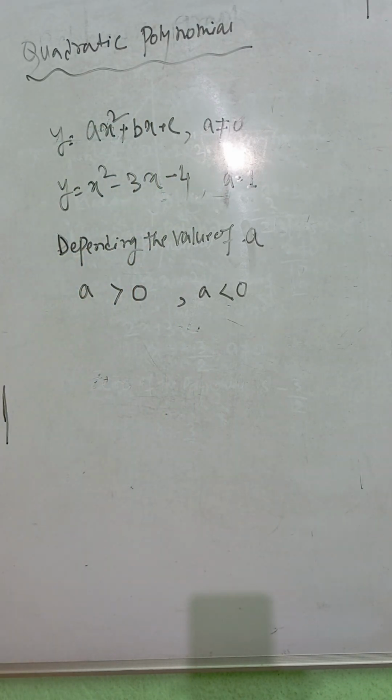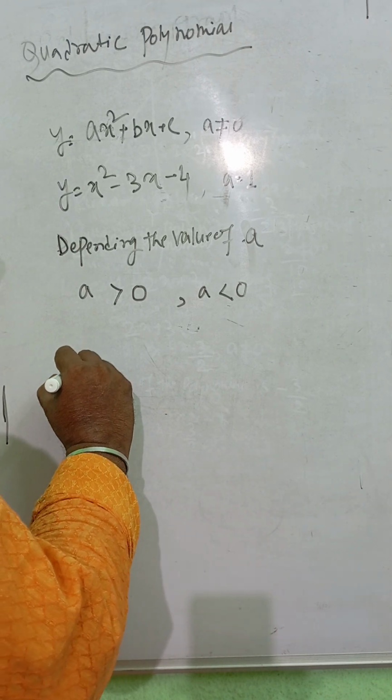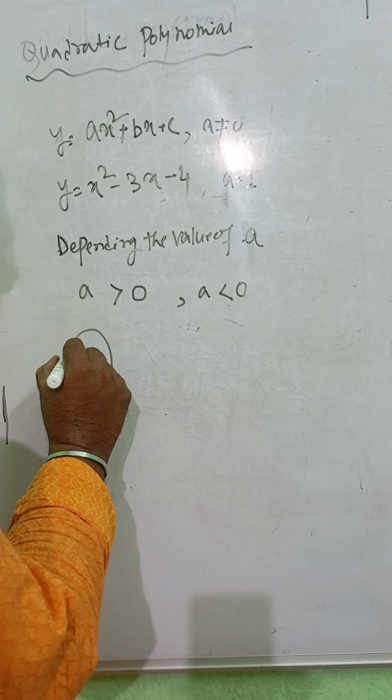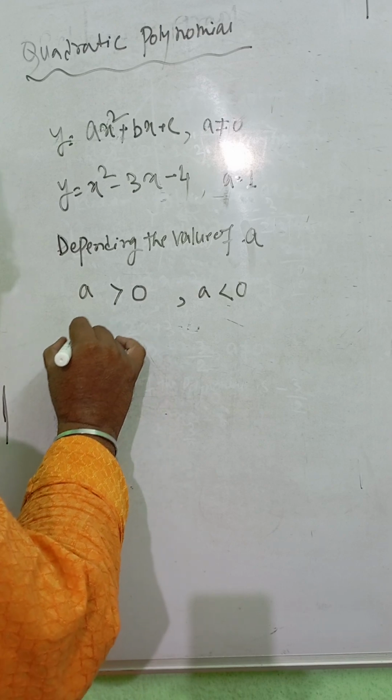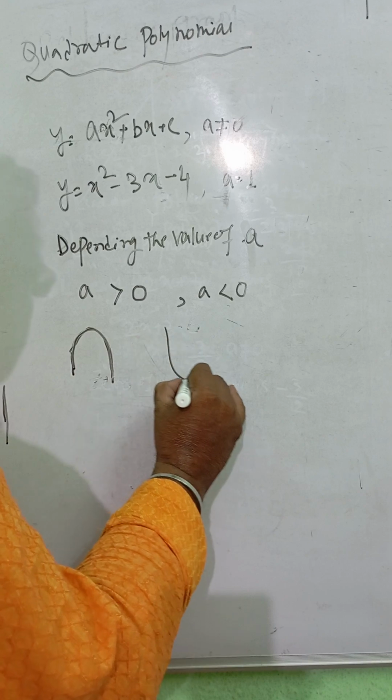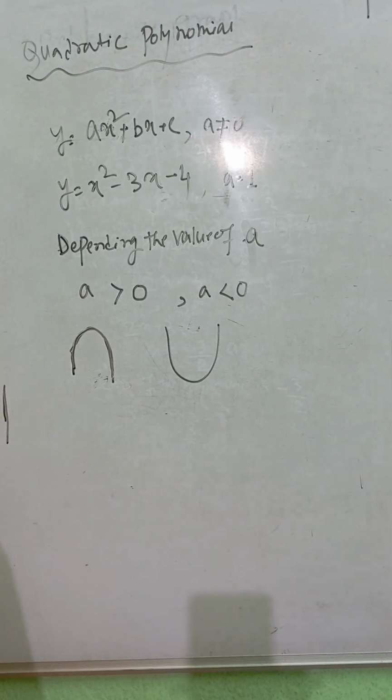For a quadratic polynomial, either the graph is this or the graph is this.